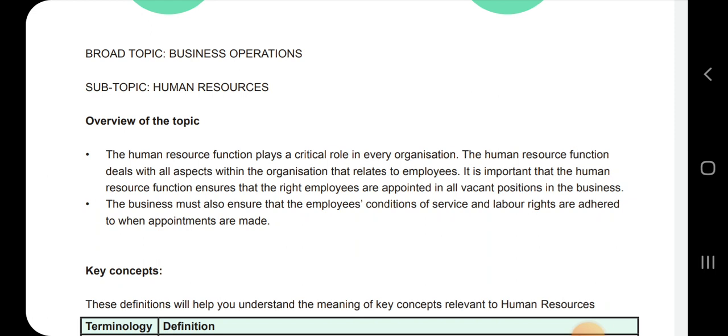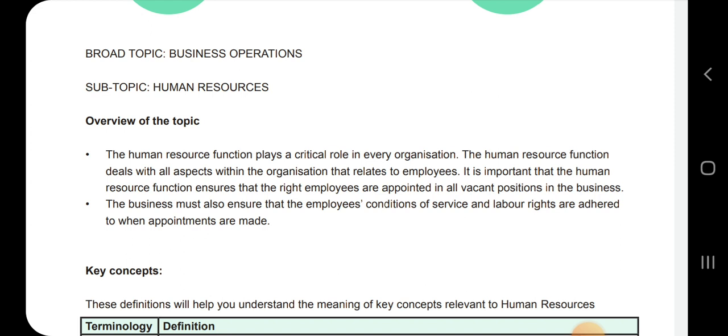It is very important for the business to comply with certain legislation that supports a conducive working environment for employees, like the Employment Equity Act, the Labour Relations Act, the Basic Conditions of Employment Act, and the Compensation for Occupational Injuries and Diseases Act.